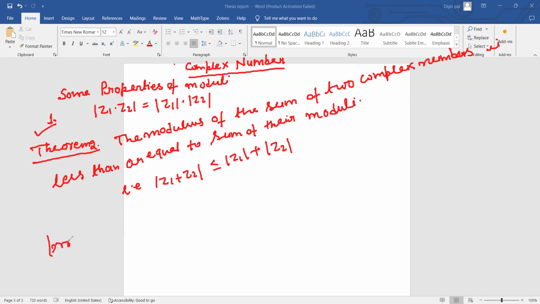So now you can see how we can prove it. Let Z1 equals R1 e to the power I theta 1, Z2 equals R2 e to the power I theta 2.